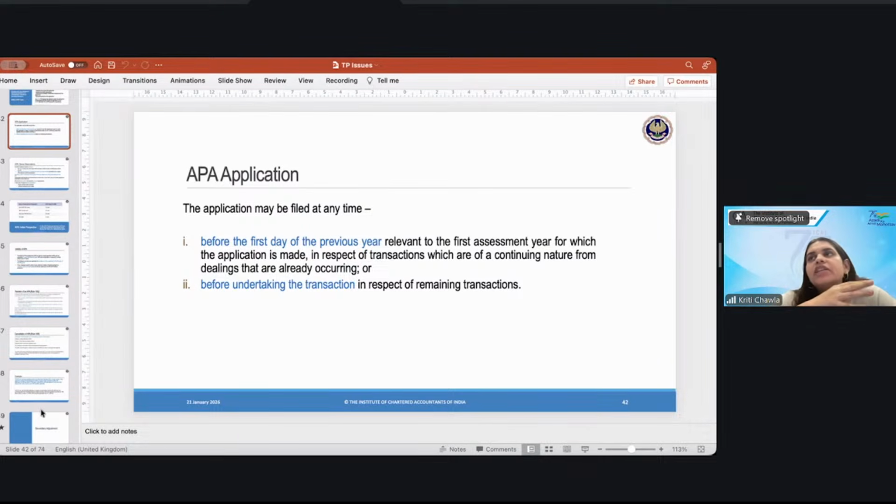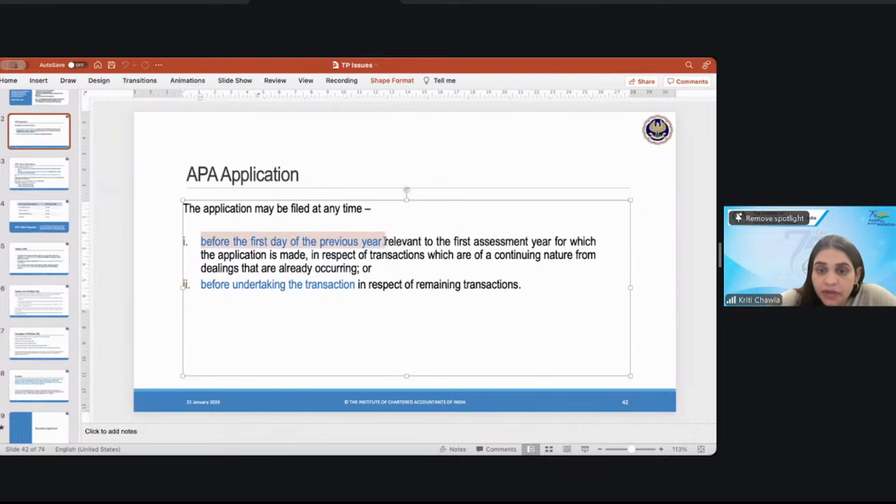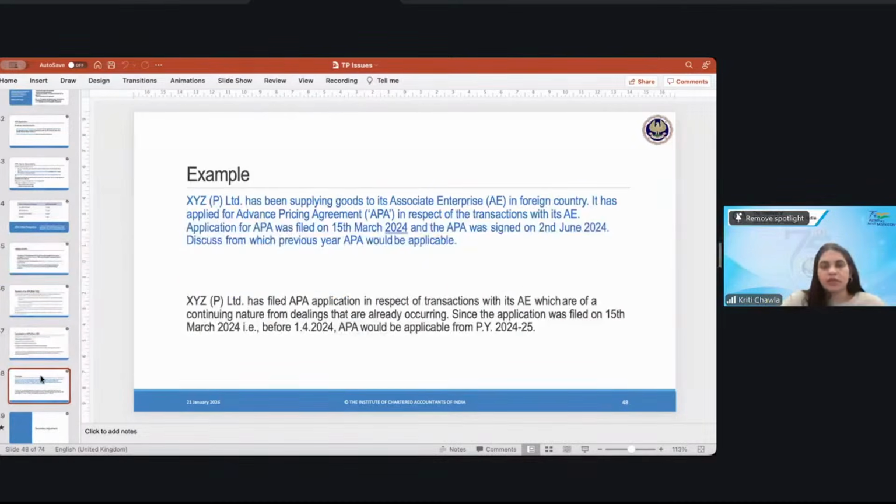Okay, so this is the slide that talks about the application with respect to APA. It says that the application may be filed at any time before the first day of the previous year relevant to the first assessment year for which application is made, if transactions are of recurring nature, and before undertaking the transaction in respect of remaining transactions. So let's take an example to discuss what is before the first day of the previous year with respect to APA.